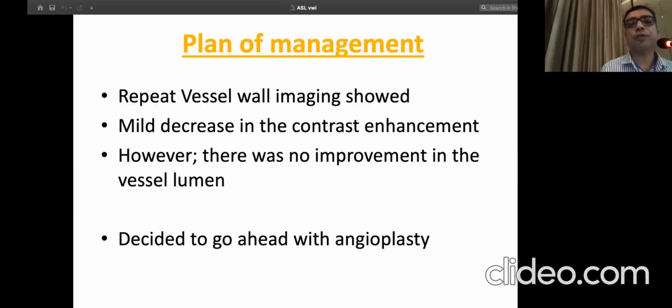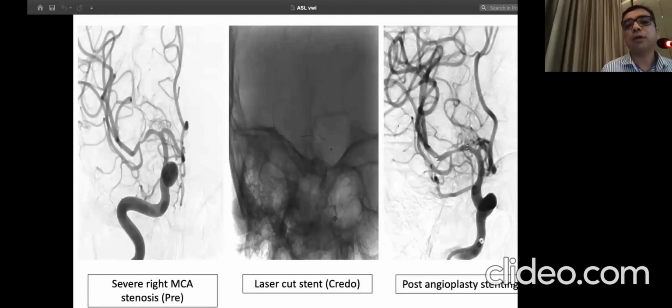But the patient was still having recurrent symptoms, so we went ahead and put in a Credo stent, and at that moment we were quite confirmed we were dealing with an ICAD. We didn't dilate it with a balloon, because there was a big perforator coming down there and we didn't want to snowball the clot into that perforator.